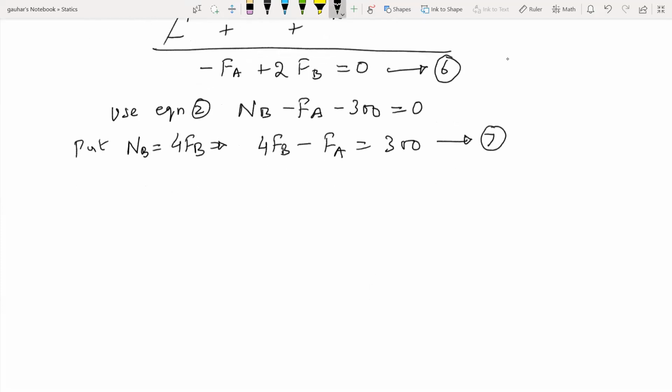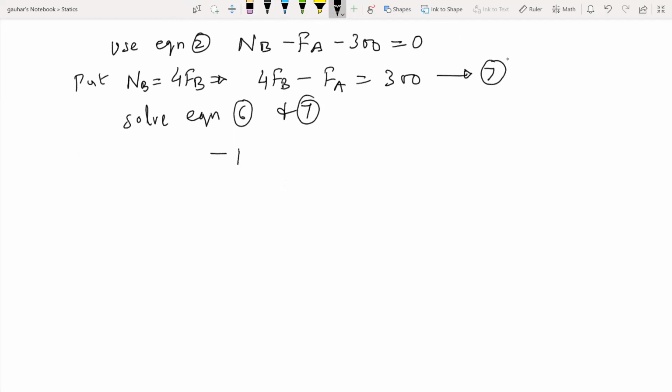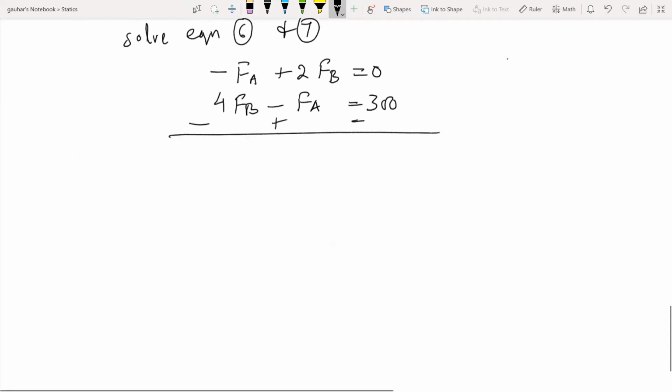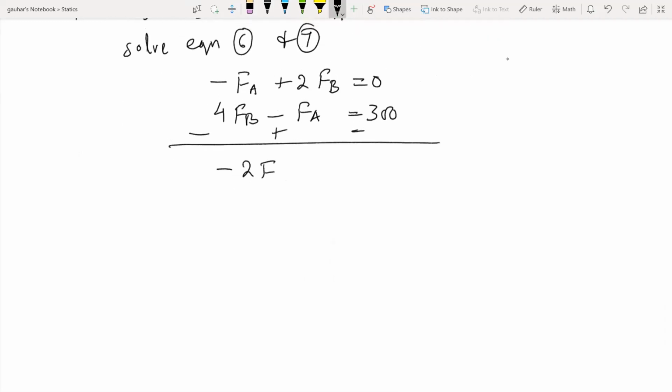So now, if you solve equations 6 and 7, you have minus F sub A plus 2F sub B equals 0, and you have 4F sub B minus F sub A equals 300. Just subtract these. What do you get? You get minus 2F sub B equals minus 300, and from here, you get F sub B equals 150 pounds.